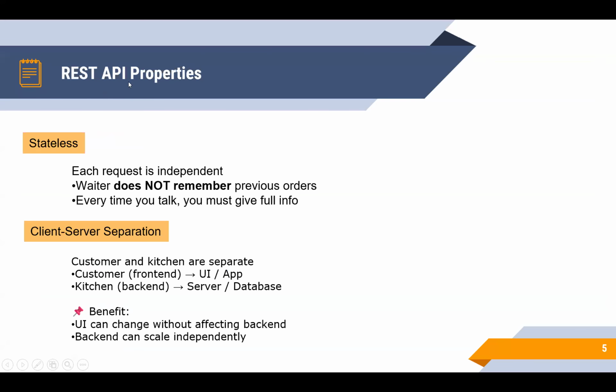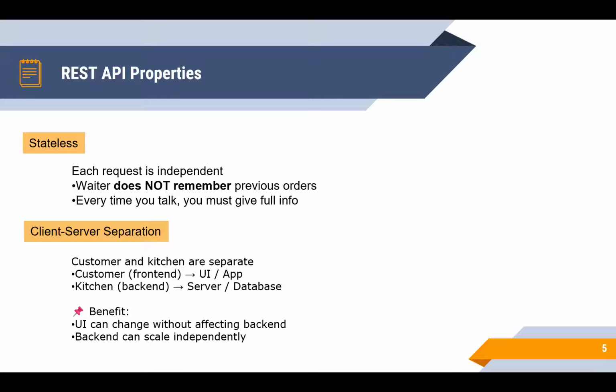So REST API is stateless, meaning each request is independent. The waiter does not remember the previous order. Every time, whatever you talk, you have to give the full information. Clear? What is the meaning of stateless?